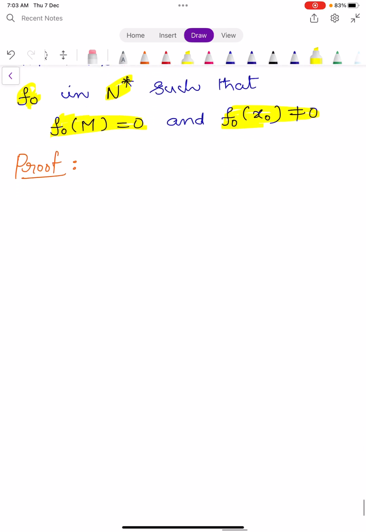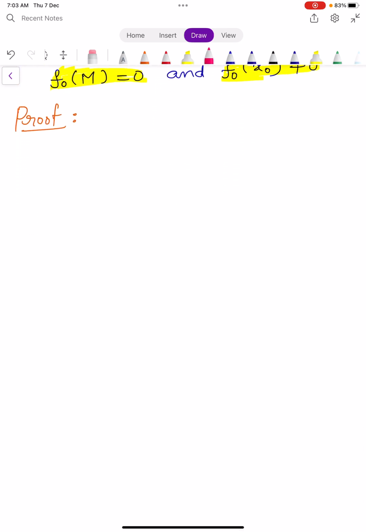So, first we write the introduction part of this theorem.